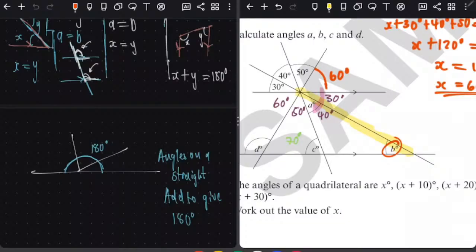Can you see there's a Z? Can you see the Z? So what will be B? 30 degrees, right? Because the angles inside Z should be the same. This one and this one. Can you not see? So you say this is 30 degrees.